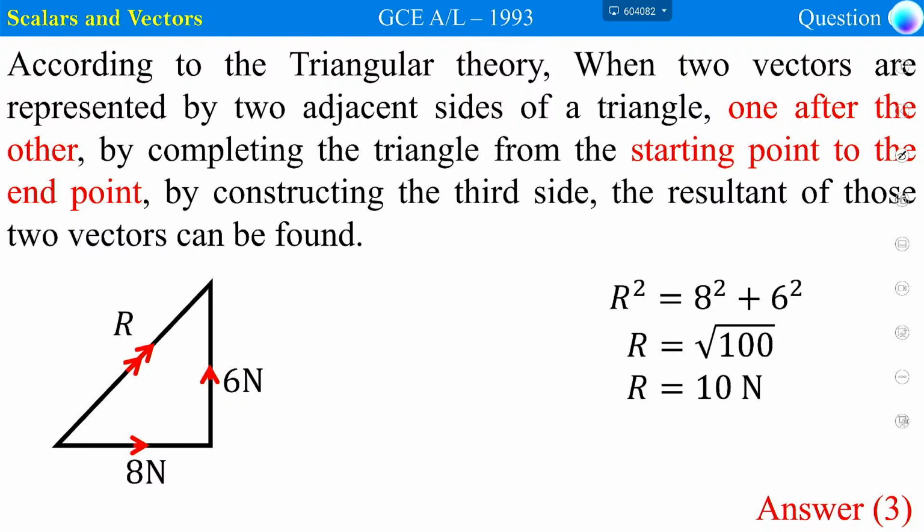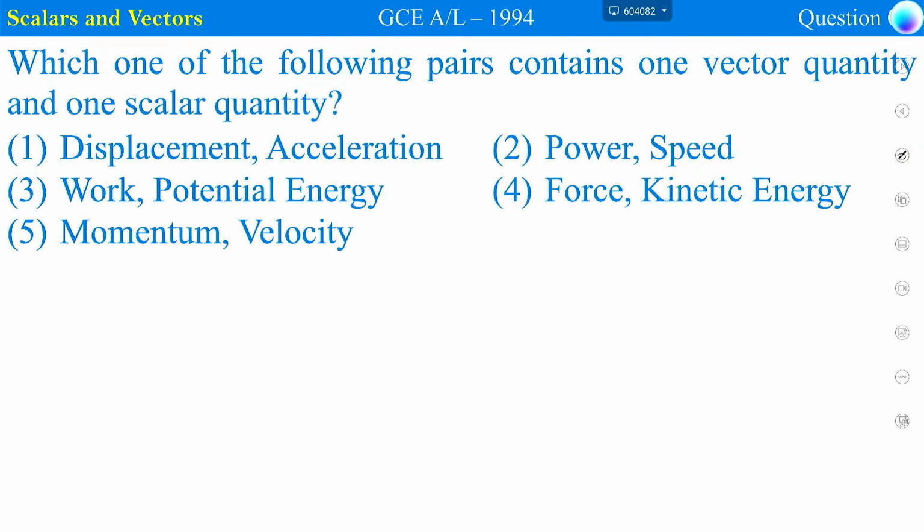Go to the next one. Question number 2. Which one of the following pairs contains one vector quantity and one scalar quantity?